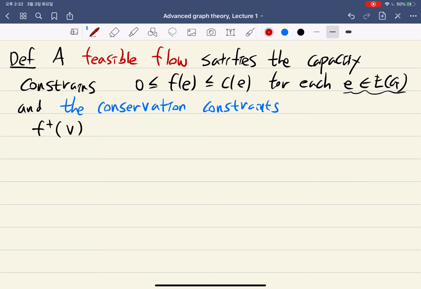Then what we want in this conservation constraint is that for all internal vertices, the amount of water going in and the amount of water going out are the same.